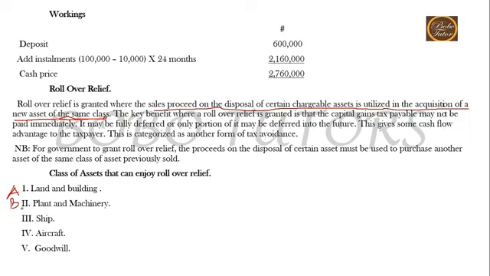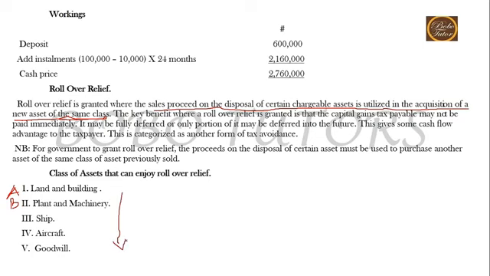So these are those assets. For example, if you sold your motor vehicle to purchase another motor vehicle, there is no rollover relief for you because it is not under this category of assets that can enjoy rollover relief. Do you understand that now? So let's move into the next one.